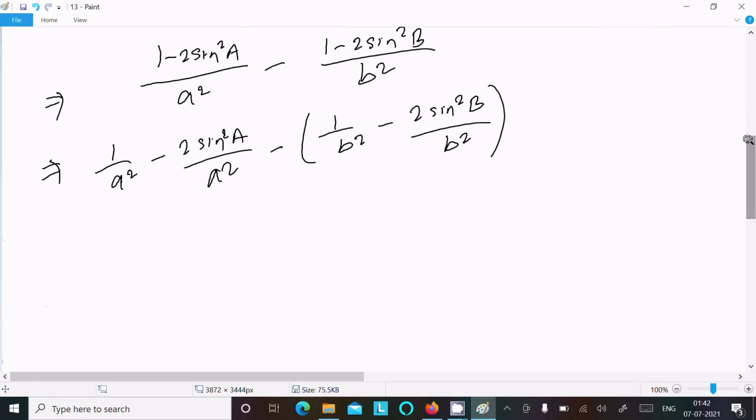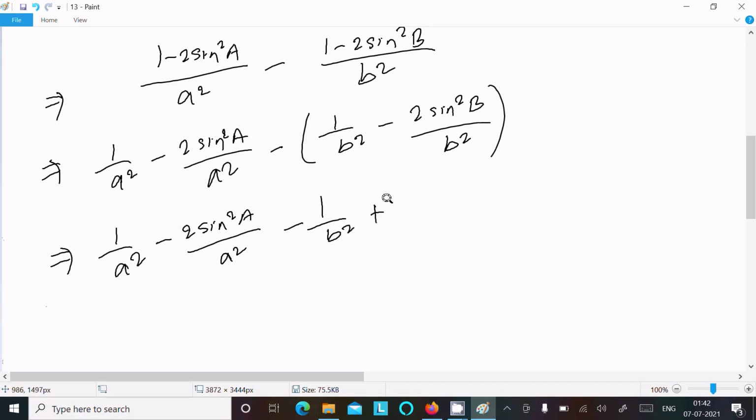Now let's multiply with the minus. So 1 by A square, minus 2 sine square A divided by A square, and 1 divided by B square, minus minus, plus 2 sine square B divided by B square.